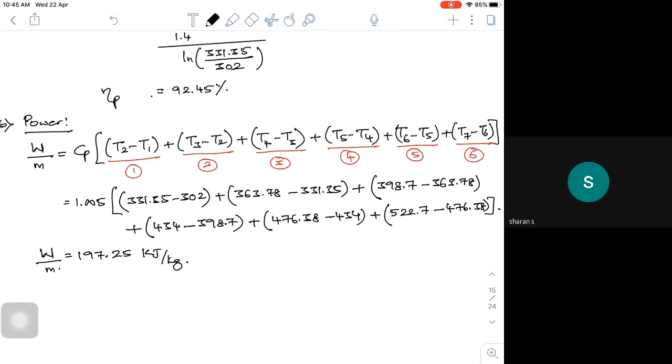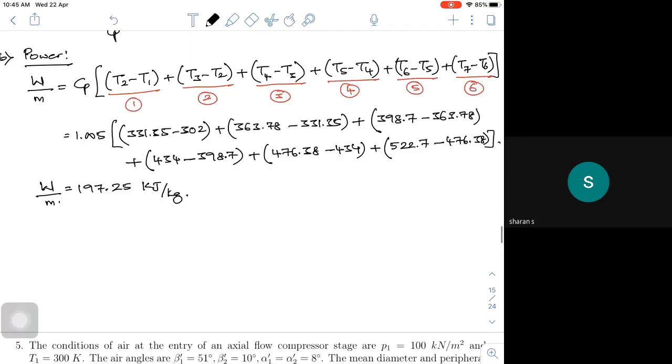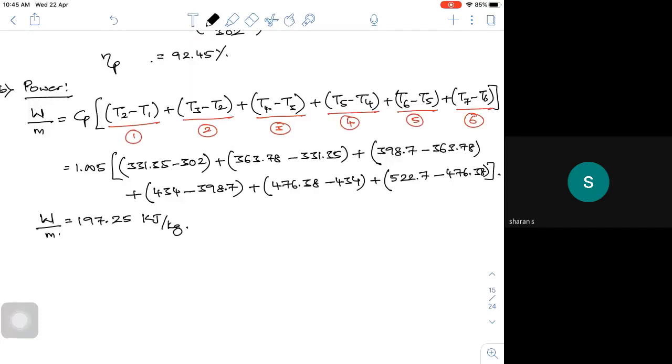Just verify this number. If I want the power, the power P is equal to mass flow rate into W by m. What is my mass flow rate? It is given as 4.5 kg per second, into 197.25.